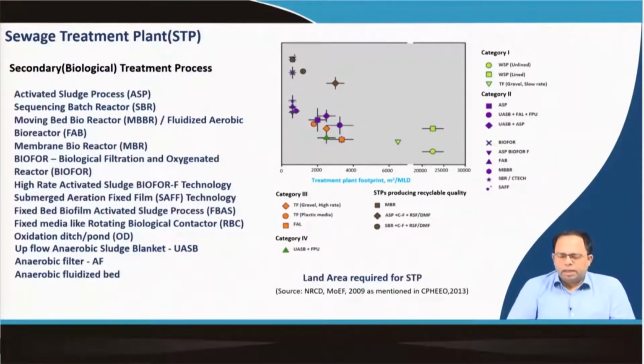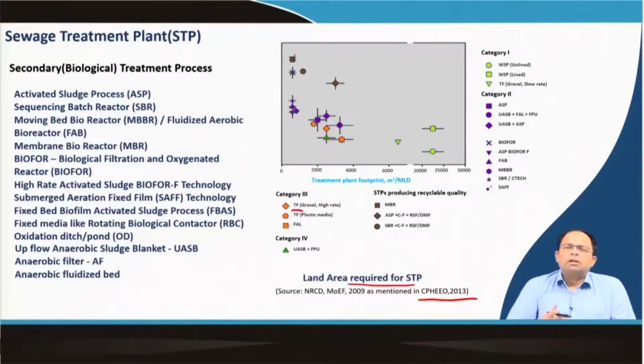This actual figure is provided in the CPHEEO manual, and this is the land area required for an STP as per the different technologies. But you have to understand that many of these technologies are provided in combination. It is not like just one thing would be added. For example, you see TF, that is trickling filter.